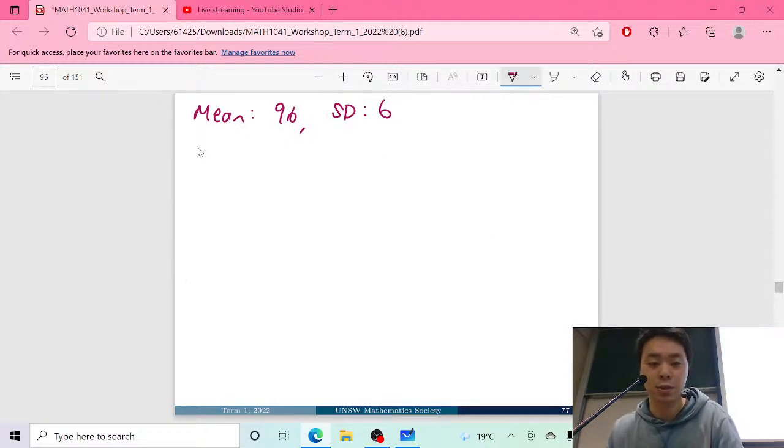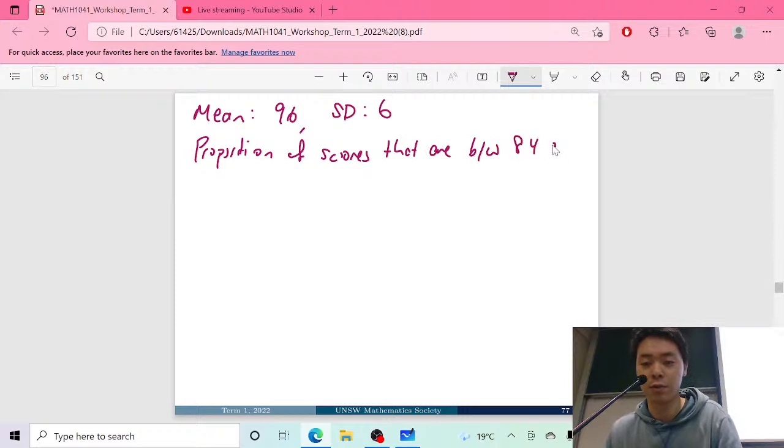We are asked to find the proportion of scores that are between 84 and 108. The first thing you can see is, how far away is 84 from our mean?